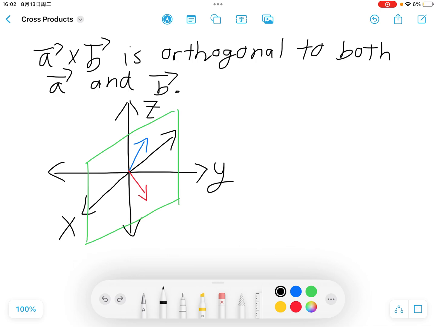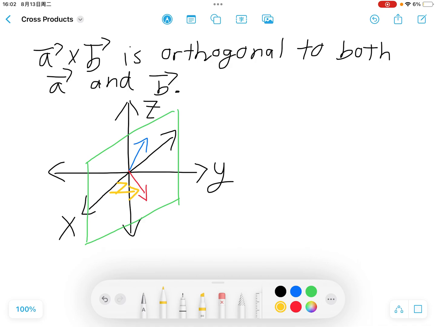Okay, so now, being orthogonal, let's imagine we have a vector that is orthogonal to the plane. Let's say it's going in this direction, something like that, and it's orthogonal or perpendicular to the plane.